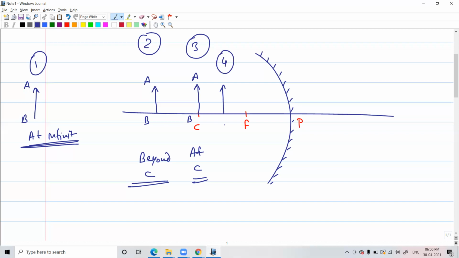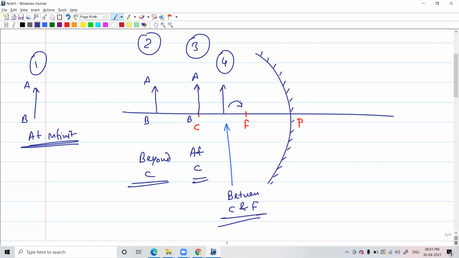So let's call this case as between C and F. What will be the next possible significant place where we could put our object?